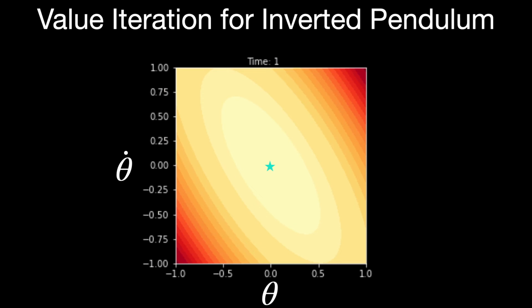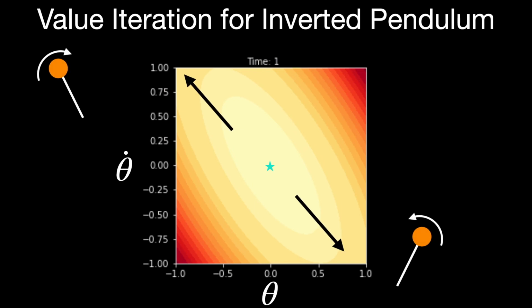Now, back to the question about why the converged value function is skewed. It's an interesting question. First, consider the top left and bottom right corners. The value appears to be super low here. Why is that? Well, look at the angle of the pendulum and the angular velocity. They have opposite signs. So, the angular velocity is pushing the pendulum towards the origin, giving us momentum in the right direction.